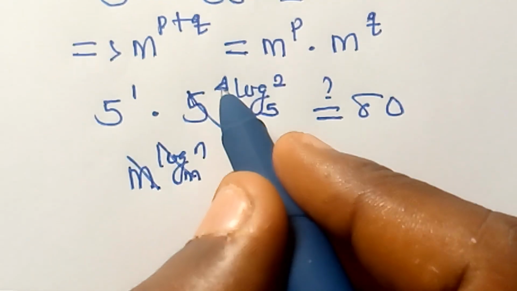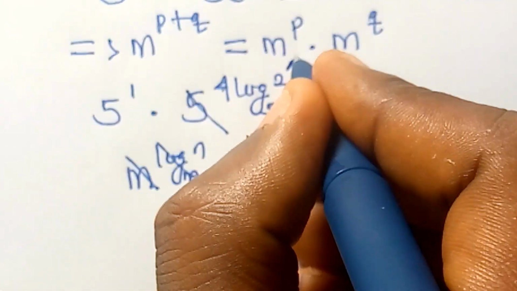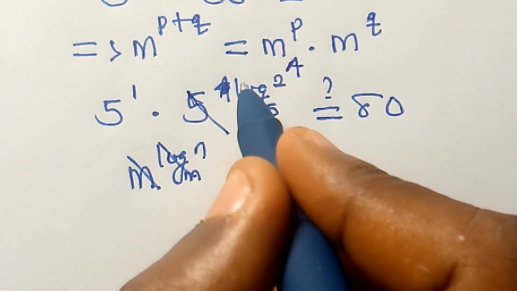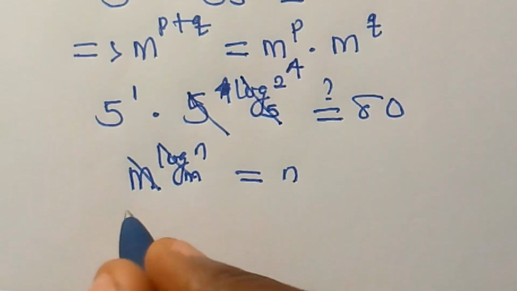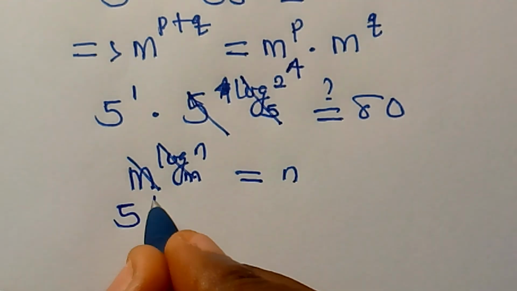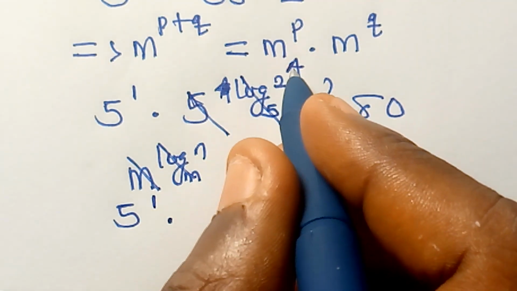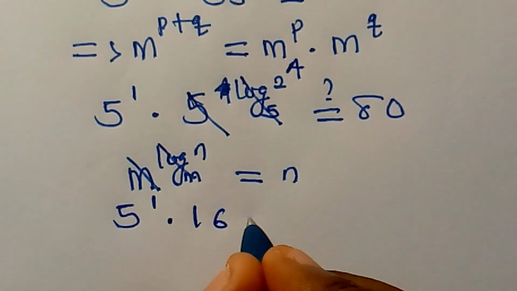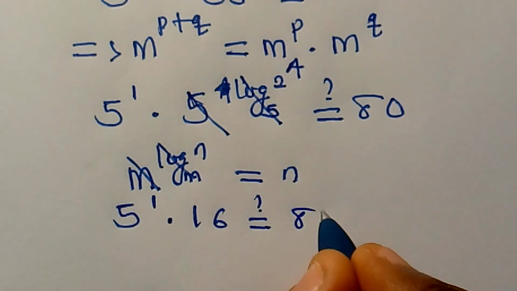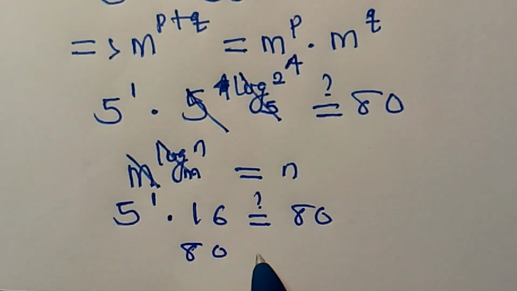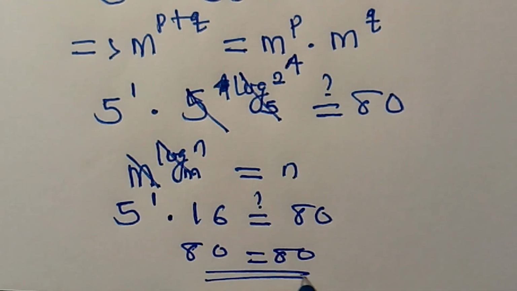So this 4 will come up here, so we have 2 raised to the power 4. By this law, this will cancel this, so we have 5 raised to the power 1 times 2 raised to the power 4, which will give us 16. Is this equal to 80? So 5 times 16 will give us 80, equals 80.